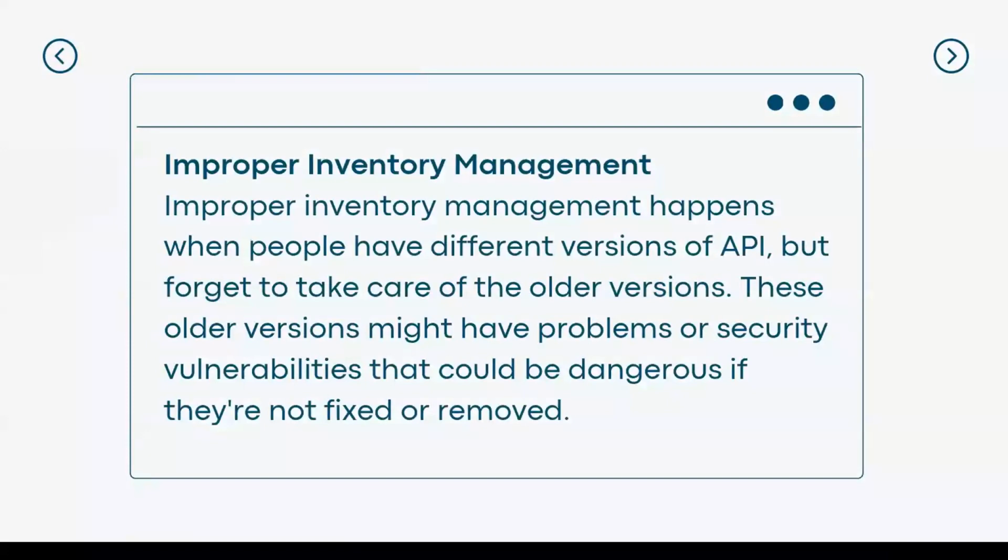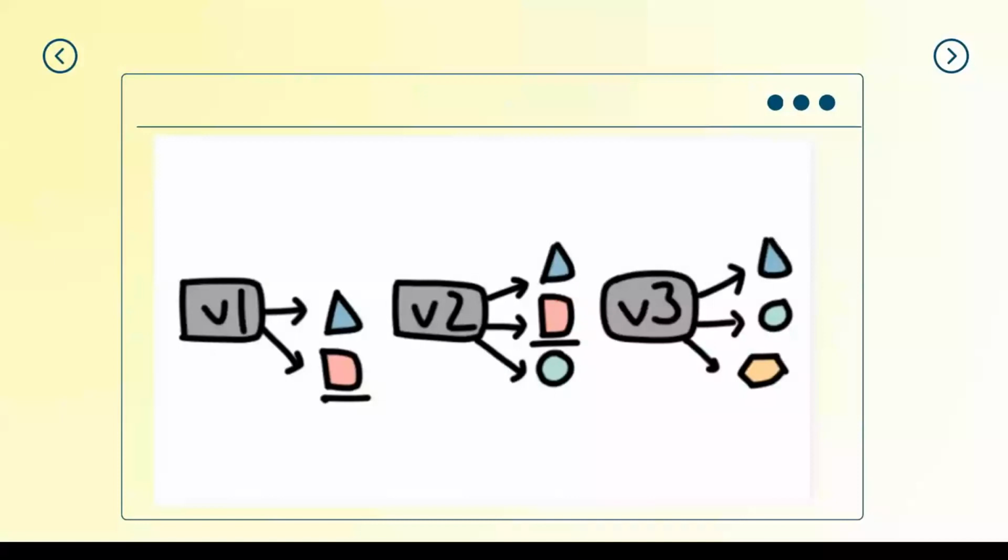So let's go back. Improper inventory management happens when people have different versions of APIs, but they forget to take care of the older versions. Let's say you had V1, you updated to V2, and then you updated to V3. Now you've forgotten that V1 and V2 existed, so you're just using V3.